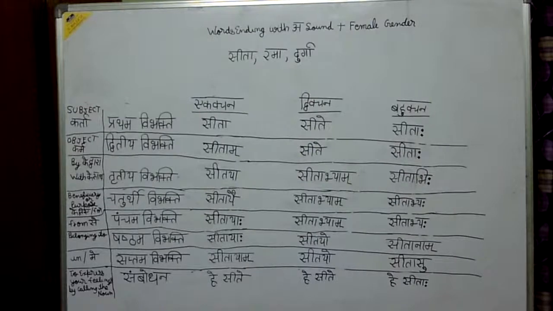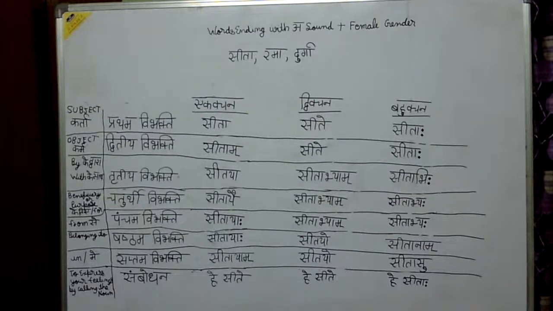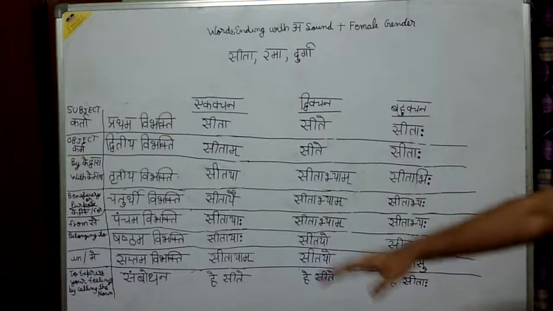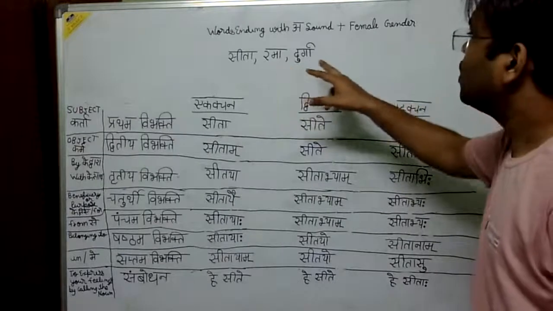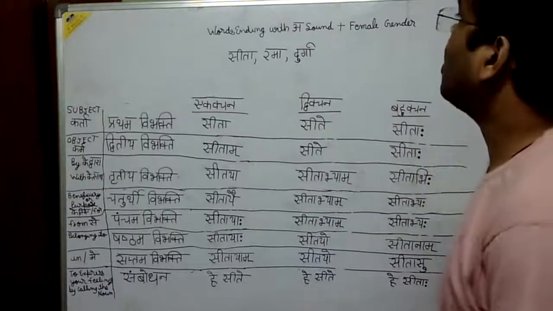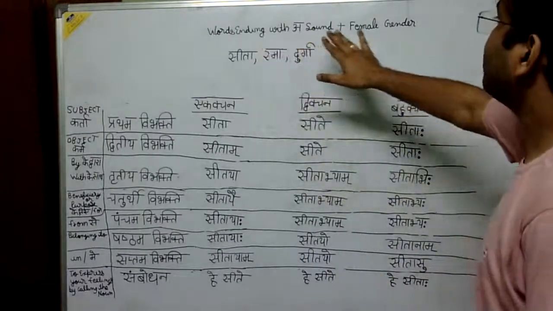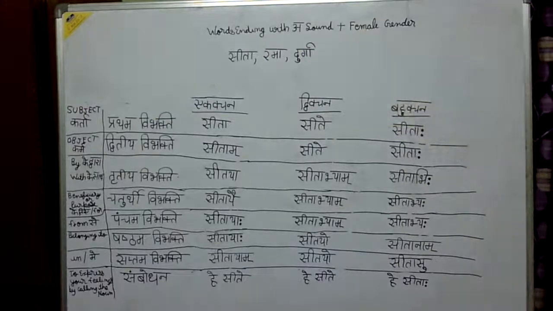So, looking at this, you can make the shabdrupas of Rama, Durga also because these are the words ending with A sound and female gender. I shall repeat.